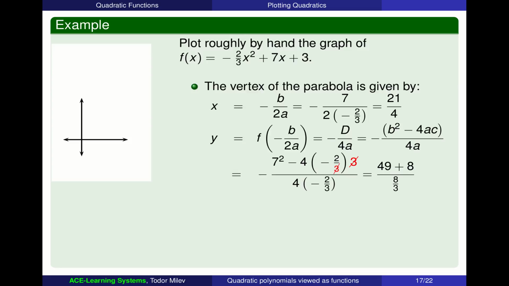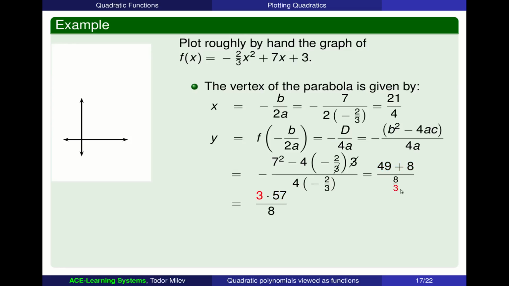Now the 3 and 3 cancel. Minus times minus becomes a plus. 4 times 2 is 8, and 7 squared is 49. Those two minuses become pluses, and 4 times 2 is 8. Now, 49 plus 8 is 57.